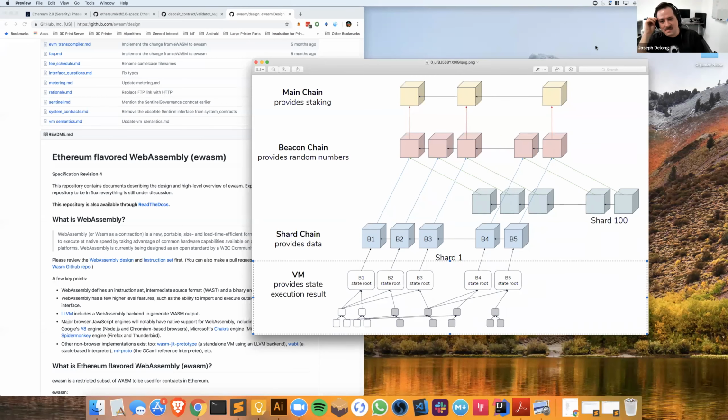So yeah, if we can find a way to work together. I also understand Mantis is going to the Hyperledger Foundation.